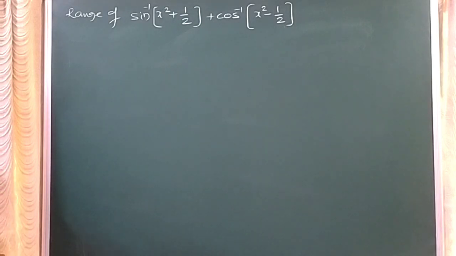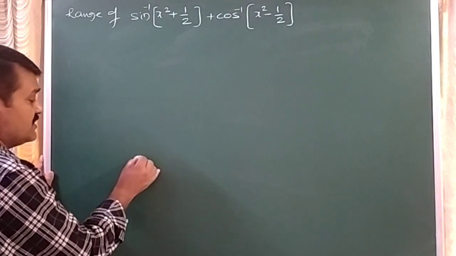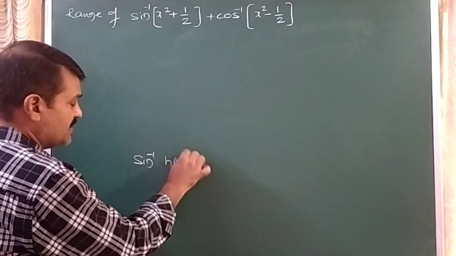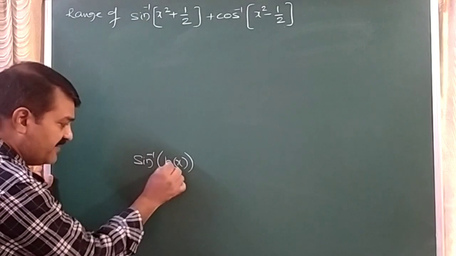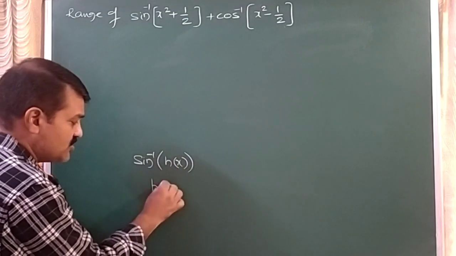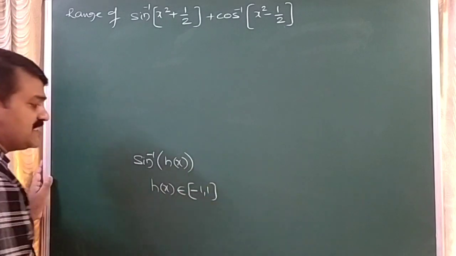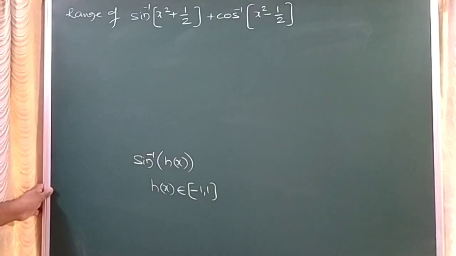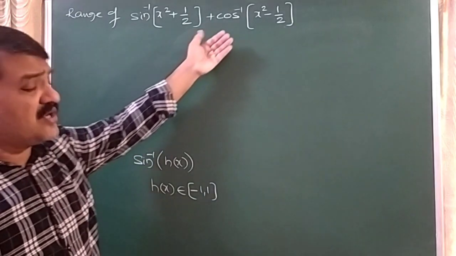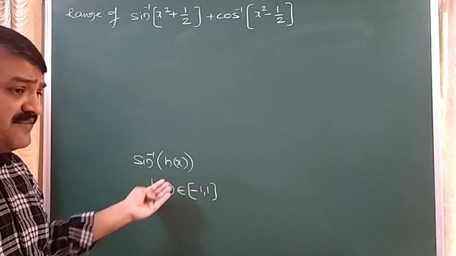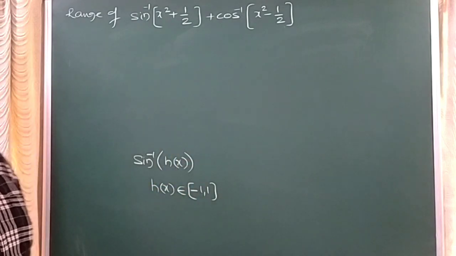Okay, now see, we know that sin inverse of h of x is defined only when h of x lies in the interval minus 1 to 1. The same is applicable for cos inverse also. Cos inverse h of x is defined when h of x is between minus 1 to 1.